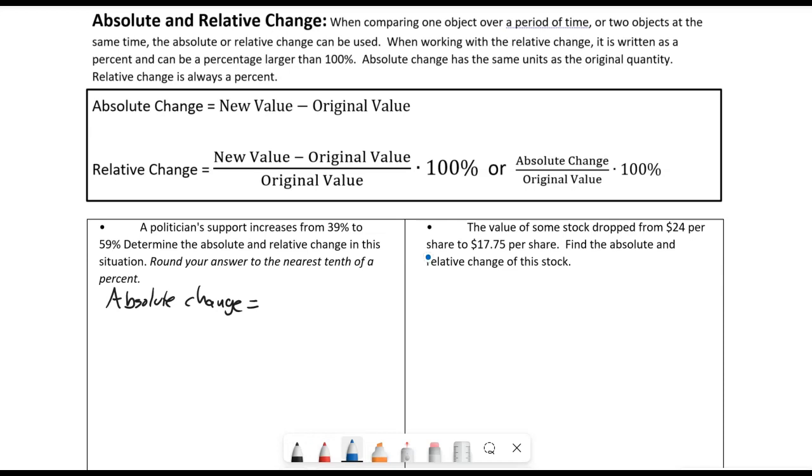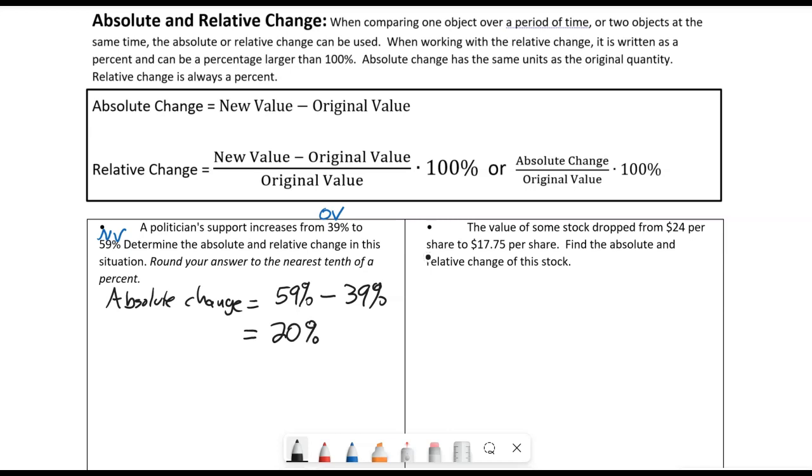Now, we're going from 39%, that's the original value, to 59%, that's the new value. So we would have the new value, 59%, minus the original value, 39%. And we subtract those, these are easy numbers, and we get 20%.